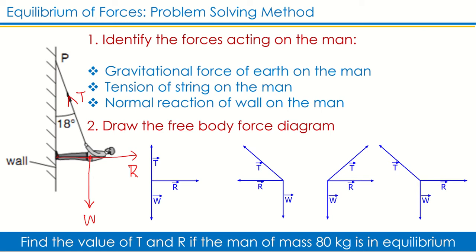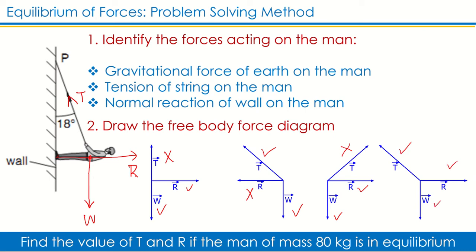We can see W and R are correct in the first case, but T is not correct. In this case, T is fine, W is fine, but R is not in the correct direction. Here W is fine, T is not in the correct direction, although R is fine. Here T is correct, R is correct, W is correct.